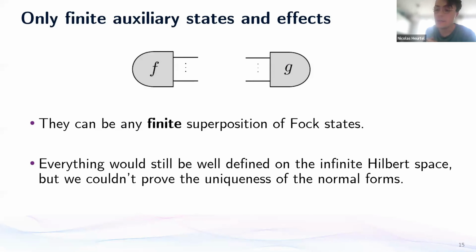In particular, it would be very well defined on the infinite Hilbert space of Fock space. However, it's just because I couldn't prove the uniqueness. If the sources and detectors were infinite, the proof that I will explain to you doesn't work anymore. So it's more about a technical restriction than a theoretical one.